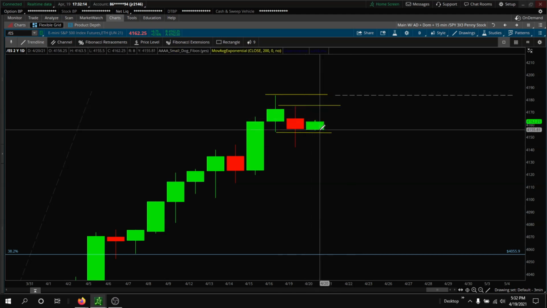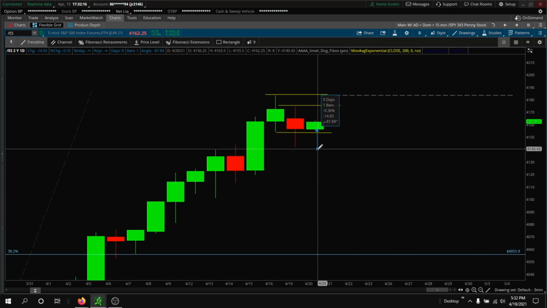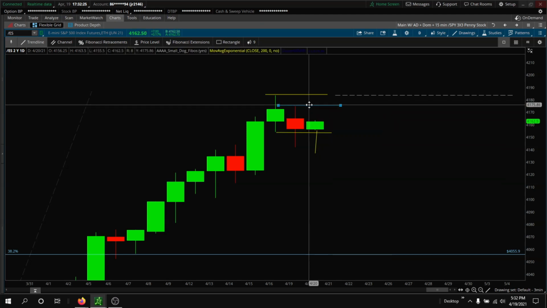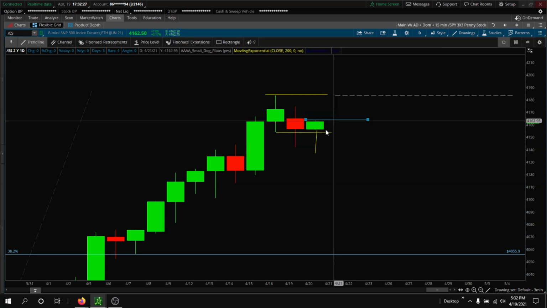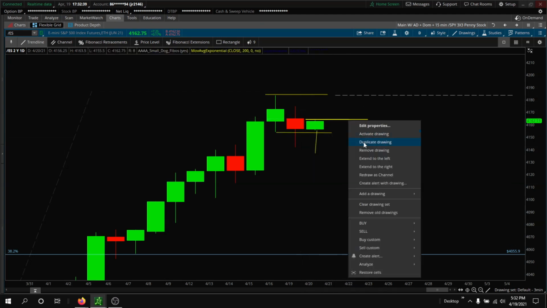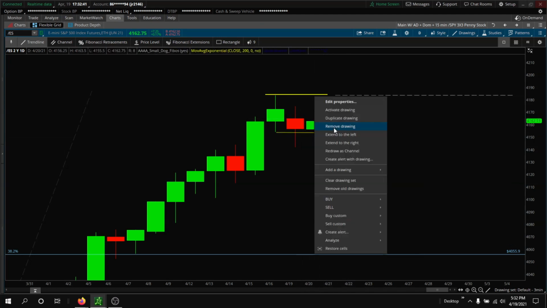Hopefully, if the market reverses and goes back down a little lower, then tomorrow at this time, I'll take my stop and move it just above here, if, let's say, this was the high of the day. So now I'm able to keep reducing my risk but ride the trend to the downside. So I hope that helps.